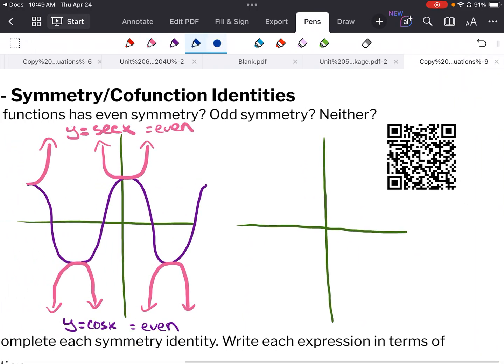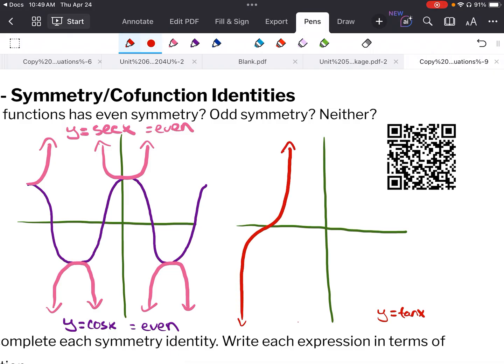And then finally, tan. Tan looks like this. Great, that is an odd symmetry.